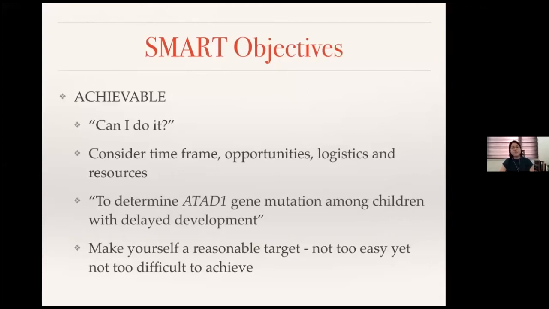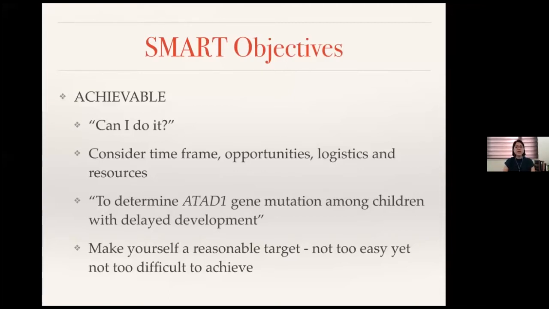Now, very important when you make an achievable objective is that you have to make a reasonable target. Sometimes the target may be too easy for you. For example, you want a certain intervention that eventually will help control the blood pressure, and then you just report on blood pressure itself. But that would be too easy for you.